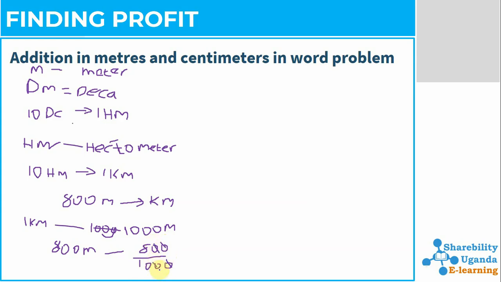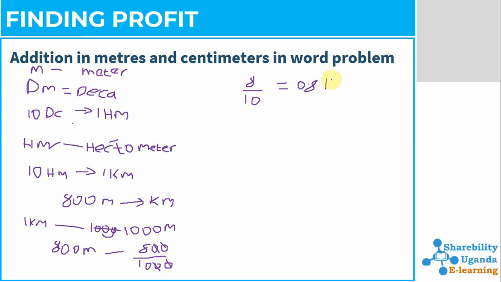So here we shall be remaining with 8 divided by 10. What is 8 divided by 10? We get 0.8.